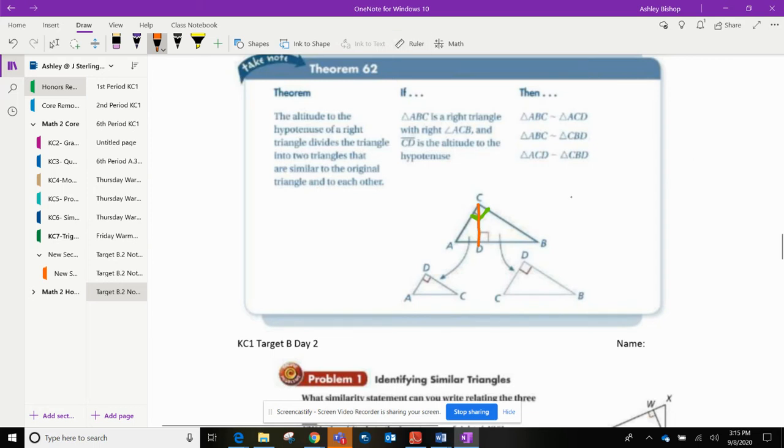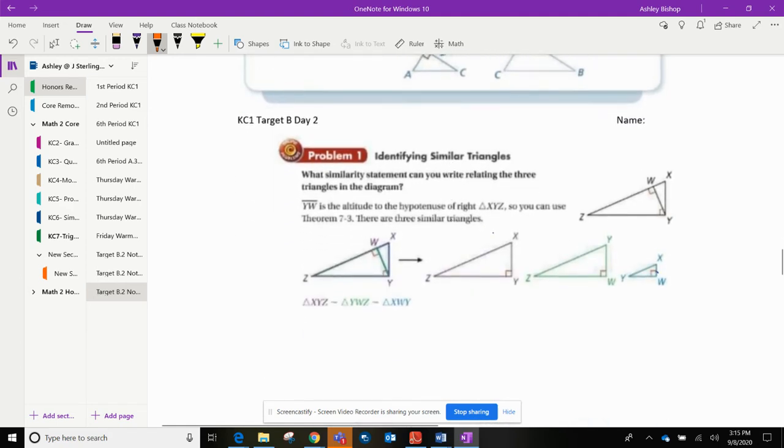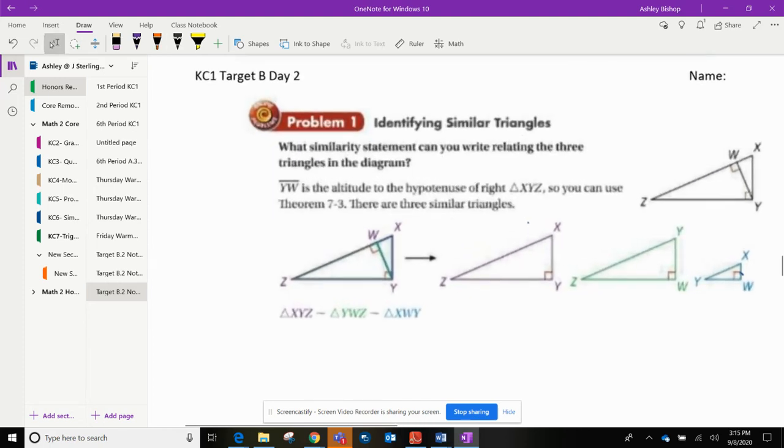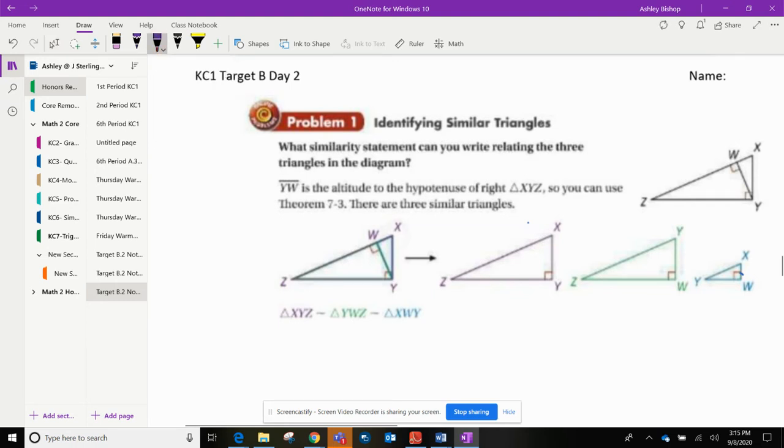Now you can read this and make sense of it, but I'm going to move on to show you an example. A couple things about notation that you need to know is that for these triangles, we are going to take one big triangle and we're going to pull 3 triangles out of it for a total of 3.